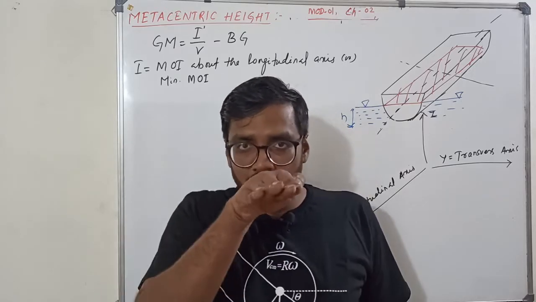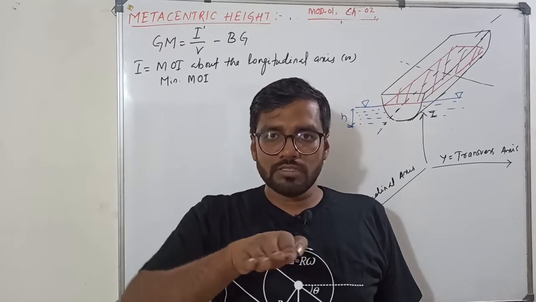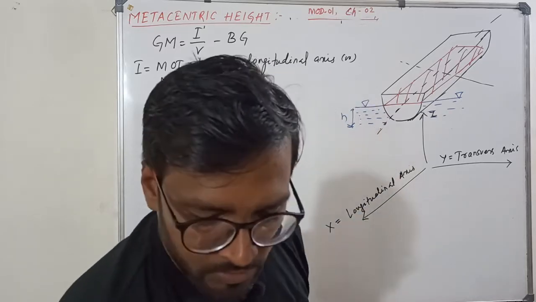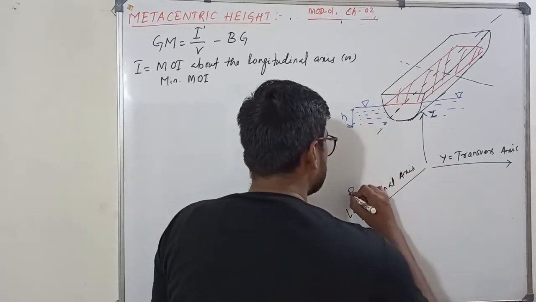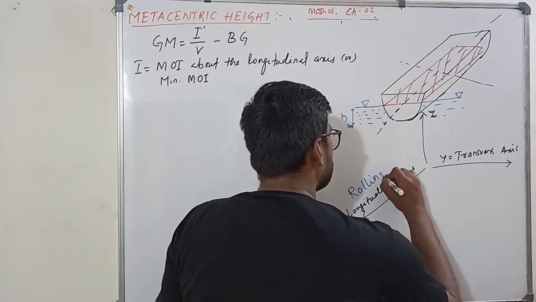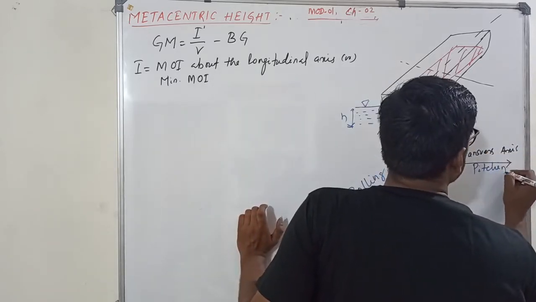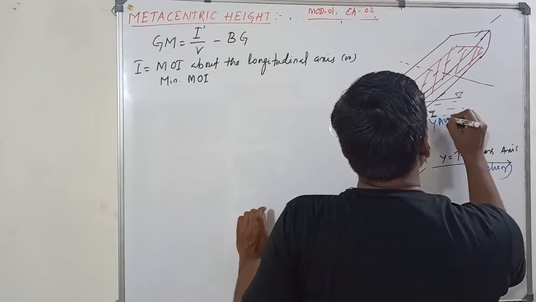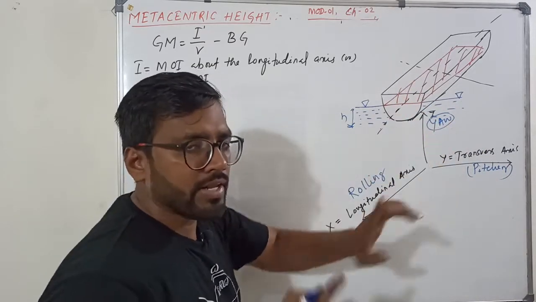So this is rolling, this is pitching, this is yaw. So you understood the x, y and z axes. The longitudinal axis, what do we call? Rolling. Transverse axis is pitching, and z-axis is yaw. Okay, understood? Very good.